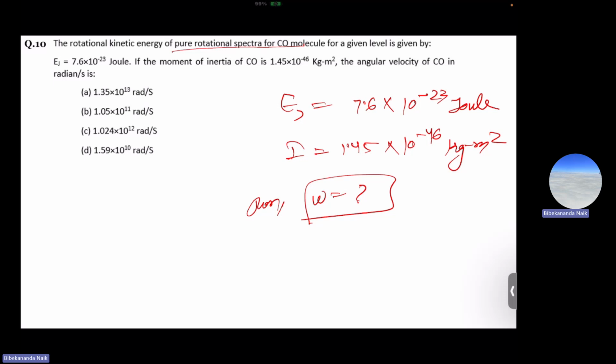So we know the rotational kinetic energy is given as Ej equals half I omega square.